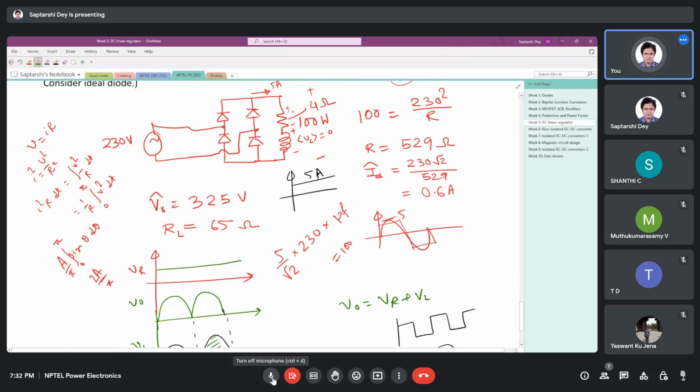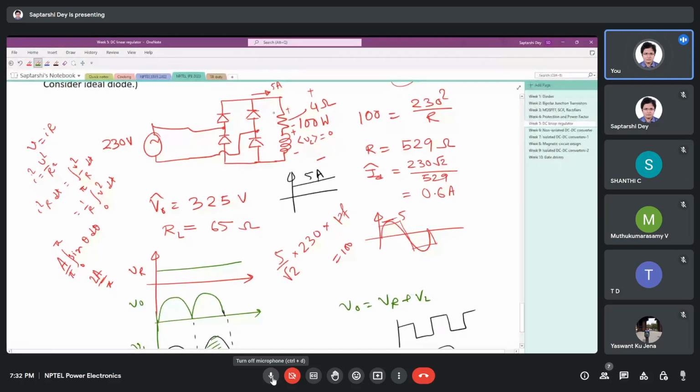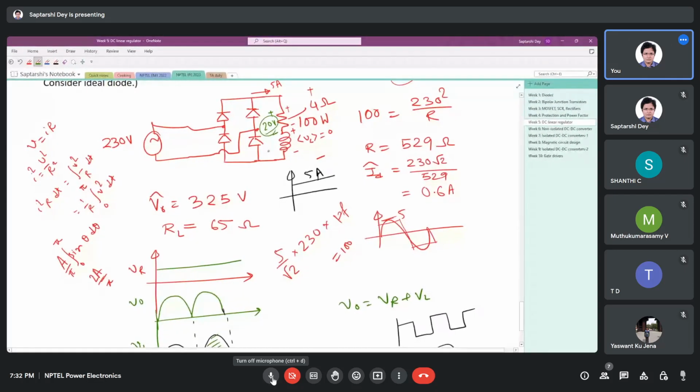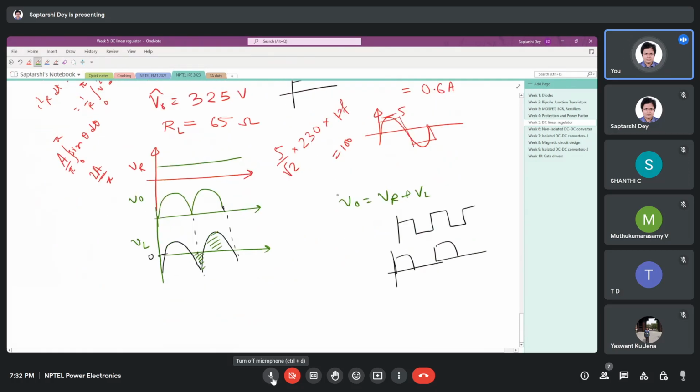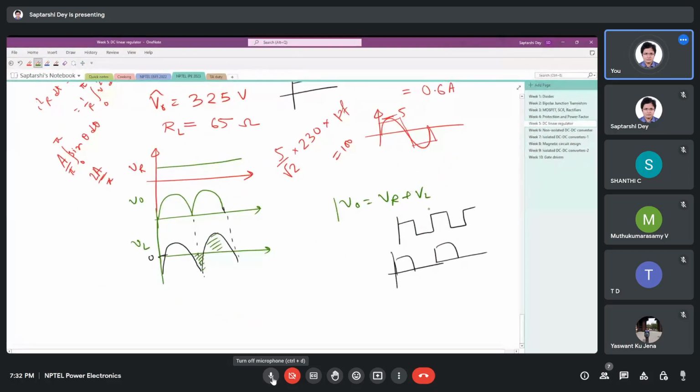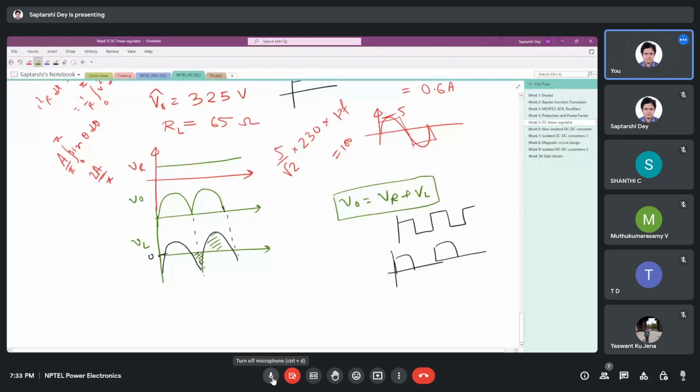But 5 ampere times 4 ohm will give you only 20 volt. Okay, let it be 20 volt, that is across the resistor only. The rest of it is taken care of by the inductance. Now it makes sense. Is it clear to you?